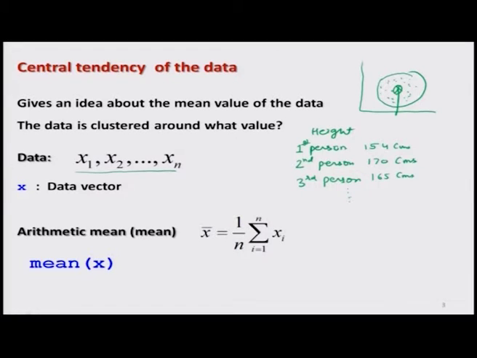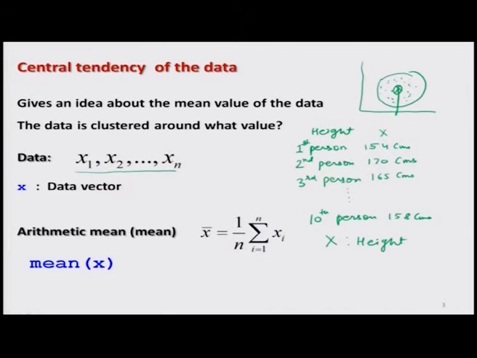And suppose I consider the 10th person, and suppose the height of the 10th person comes out to be 158 centimeters. So this is indicating that we have considered here a variable x whose name is height, and then we are trying to obtain the data on this variable height.